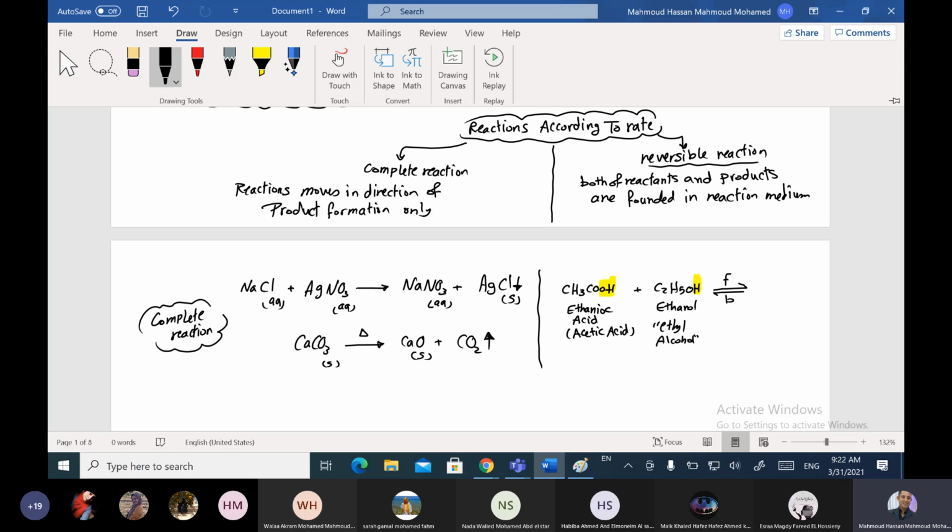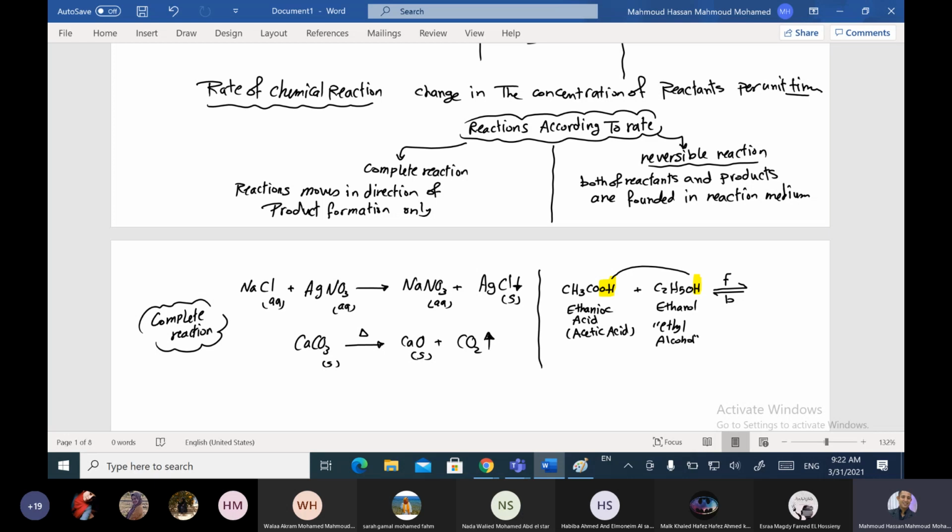It's not correct. In esterification reactions, the acid shares OH, while the alcohol shares H to form the water. So the product of this reaction will be CH3COOC2H5, this compound is called ethyl acetate ester, and the water.